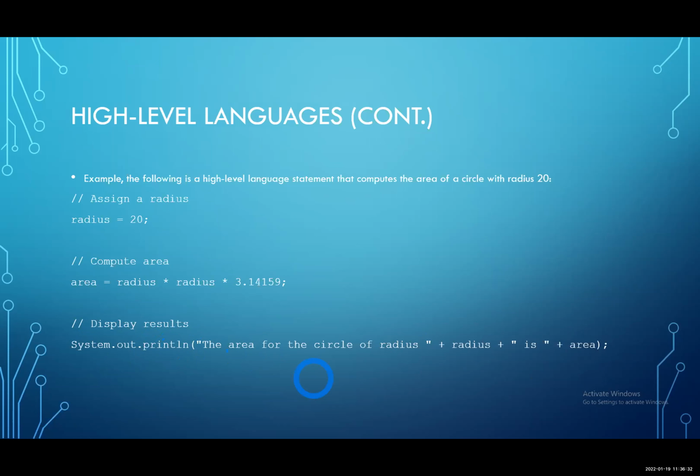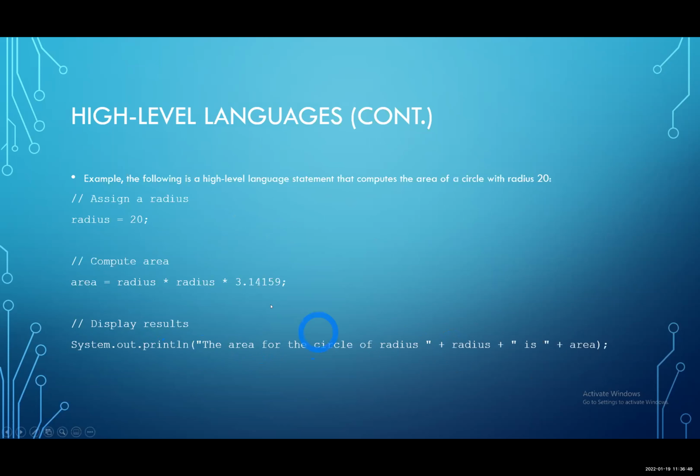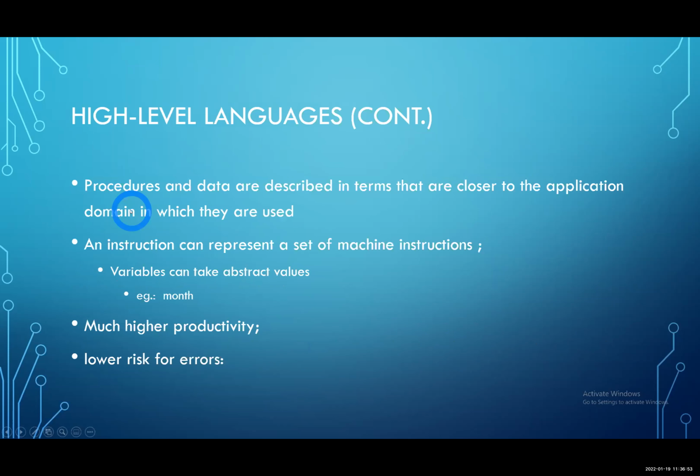And as we go through this class, one of our first programs will be to print to the console. So you'll know what this means later on. Everything is described much closer to the application domain in which they are used. For example, I have the radius of a circle, I can name a variable radius.